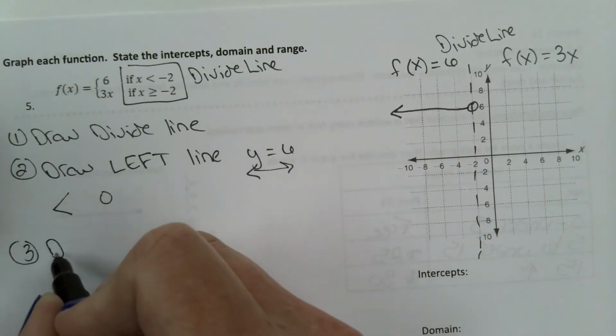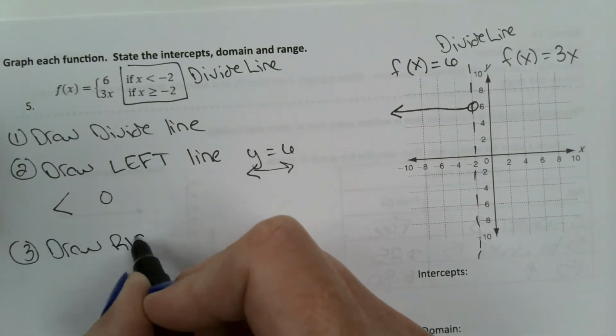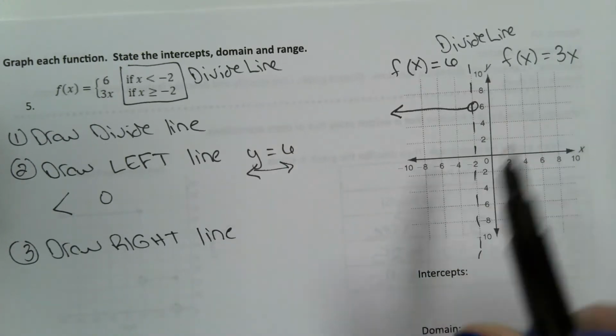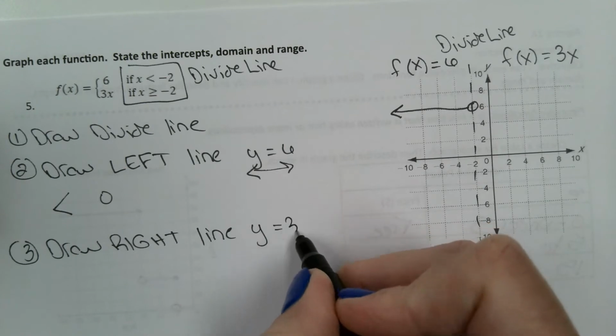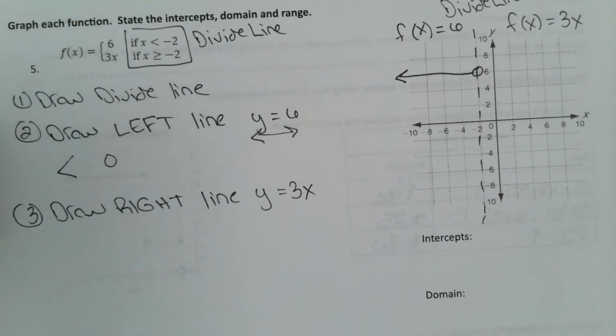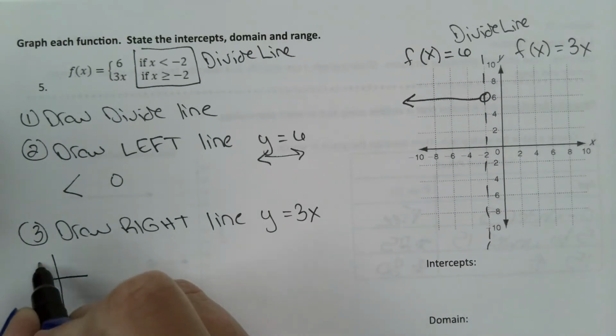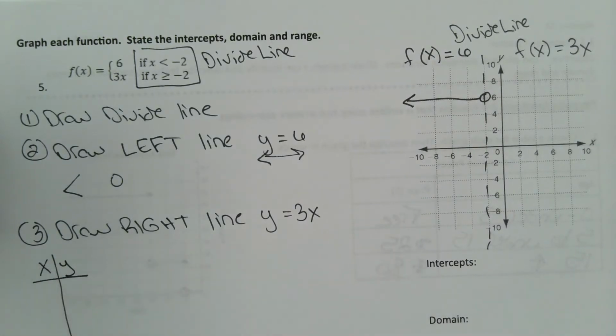Now we're going to draw the right line. And the right line is y equals 3x. I think the easiest thing to do would be to make a table of values.